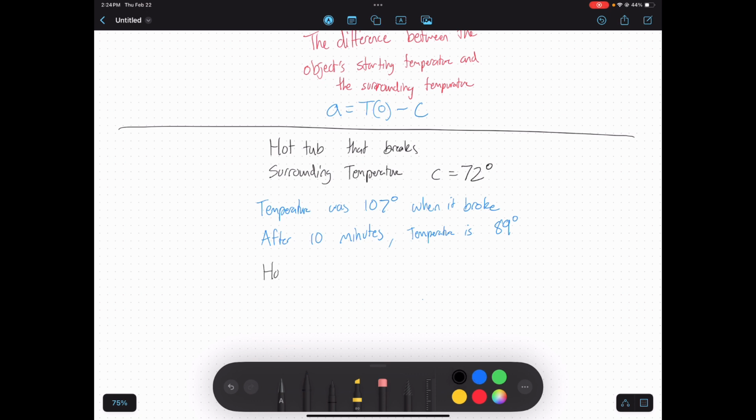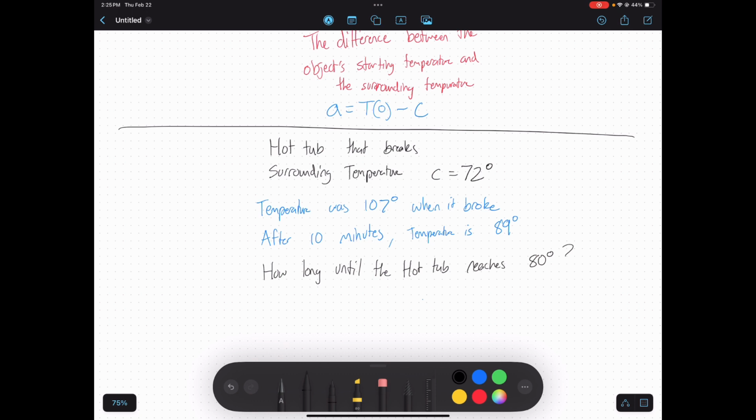So let's ask the question, how long until the hot tub reaches 80 degrees?